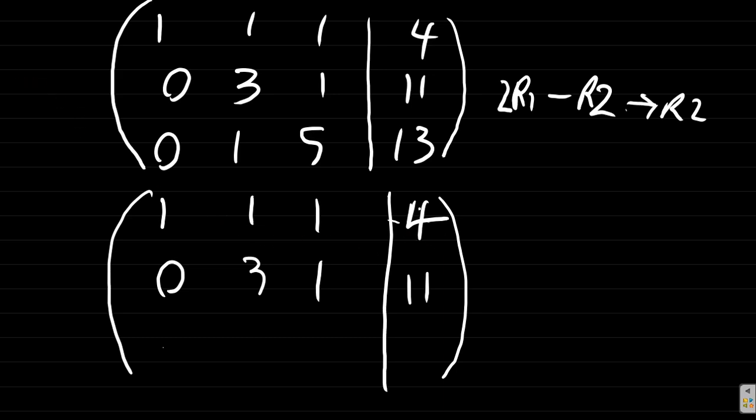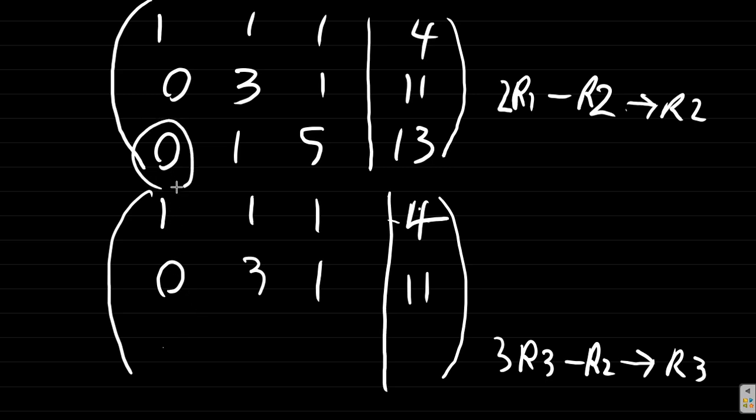Now, here, you're going to say 3 times row 3 minus row 2 will give you the new row 3. Alright? So, 3 times row 3, 3 times 0, minus row 2, minus this 0 here.